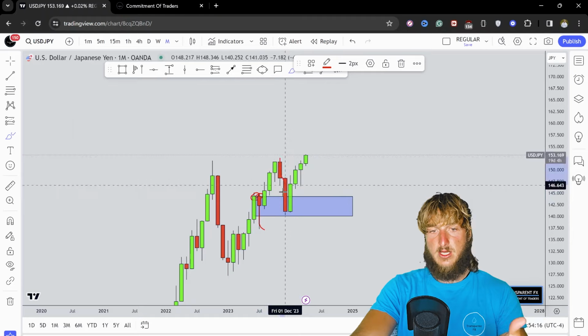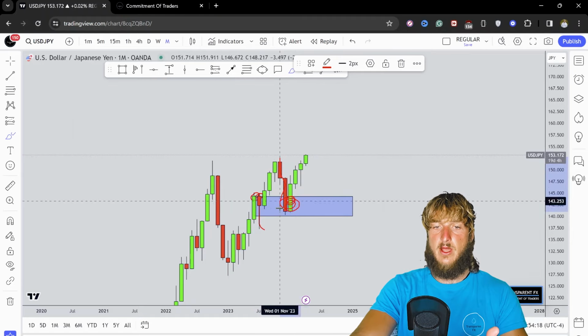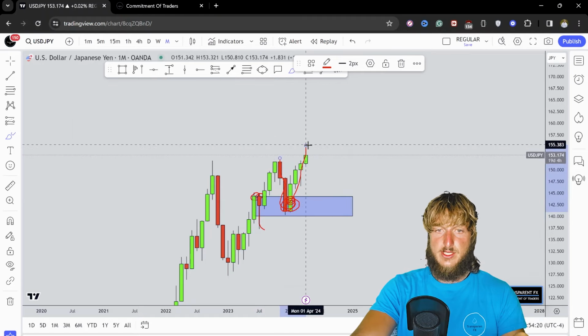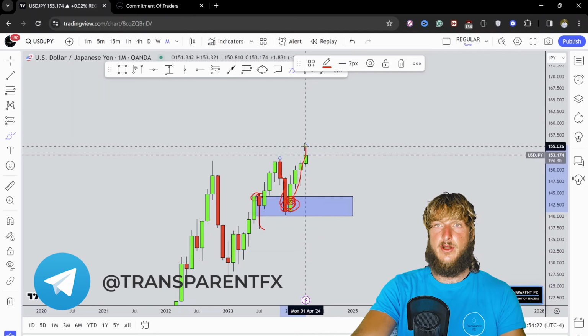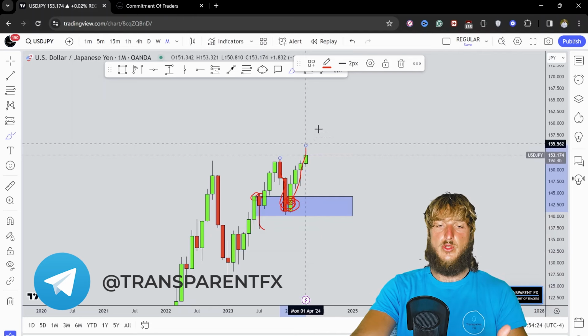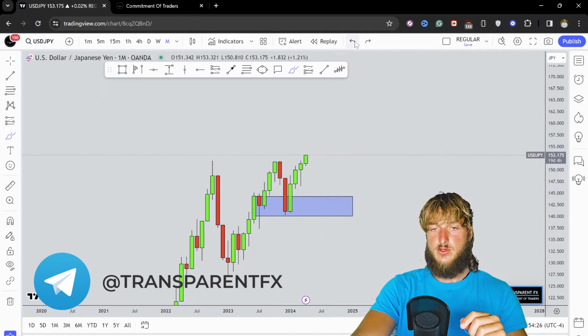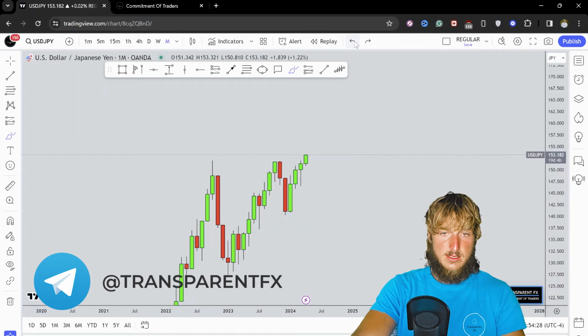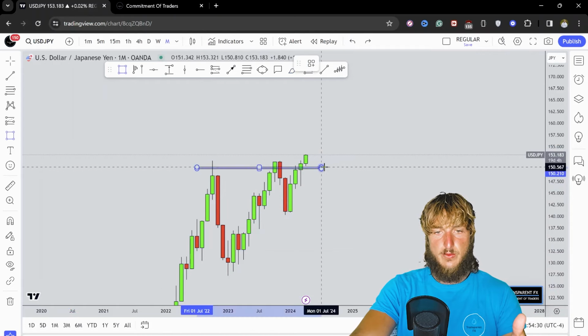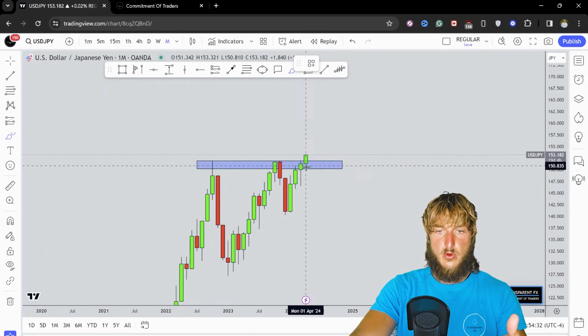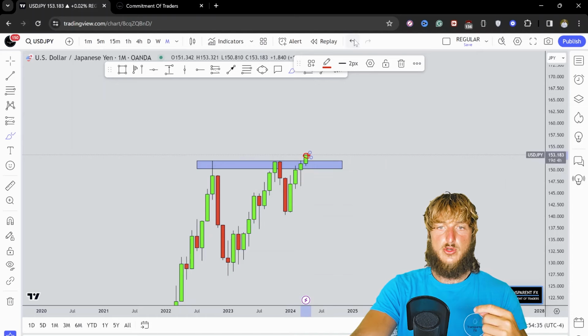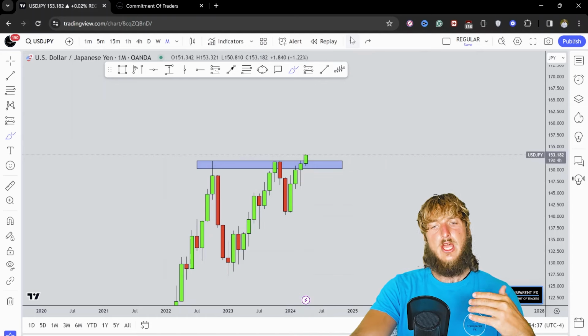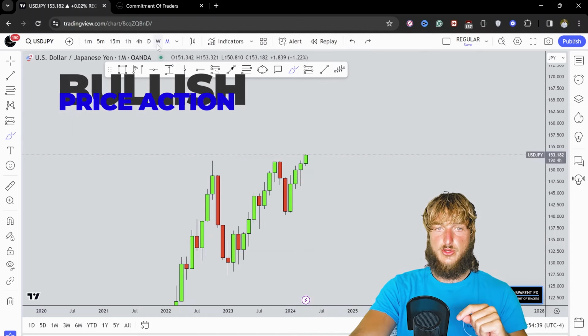And in fact, the market tested the support and demand area here and rejected it to the upside, creating a new monthly higher high, which is exactly what you would expect the market to do in a situation like this. So from a monthly standpoint, we can see how the previous high is now broken to the upside. The market is currently trading above that zone, so more bullish price action could be expected.